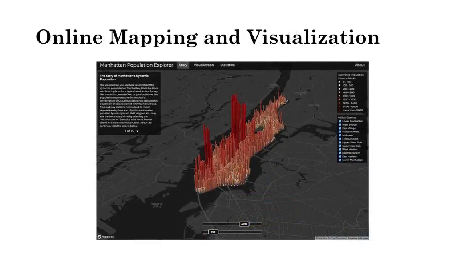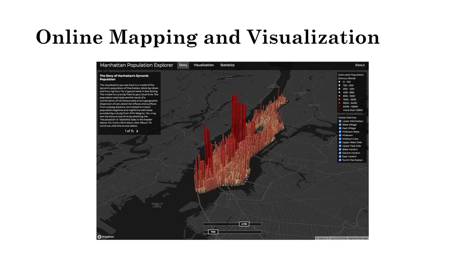So online mapping and visualization, this is just a brief little thing here. Online mapping and visualization is typically done with a GIS, and what it does, it takes the layers and combines them all into one integrated map here. And it's typically done in a 3D manner, so you can visualize what an area looks like. This is Manhattan. I could tell just by looking at the little area, and the island right below it says Statue of Liberty, and because it's in the corner it says Manhattan Population Explorer.